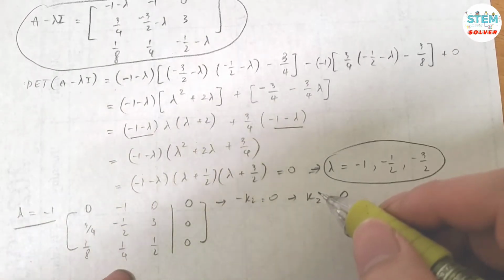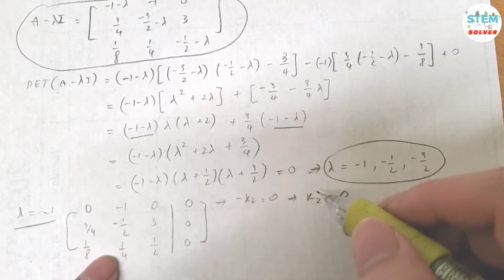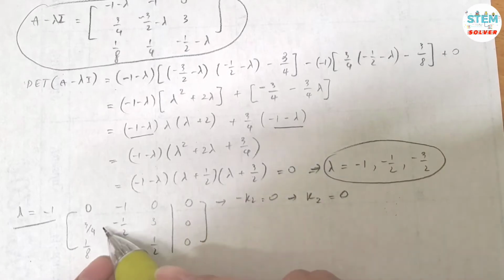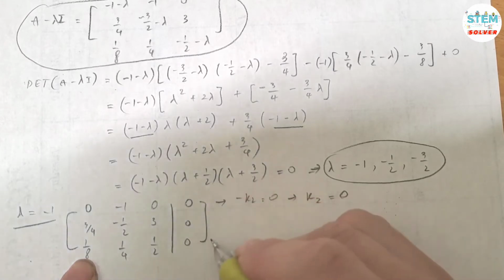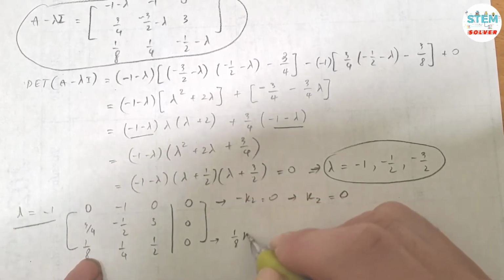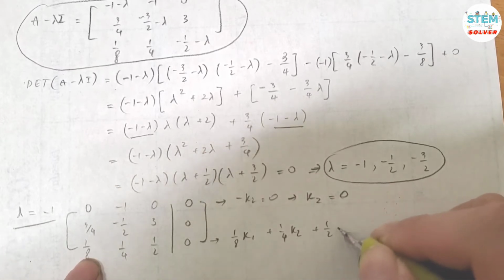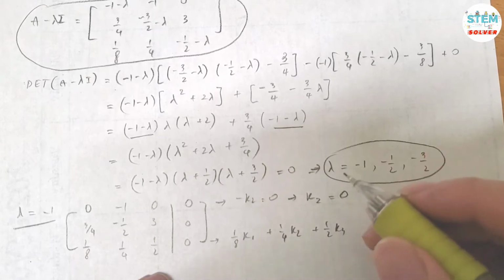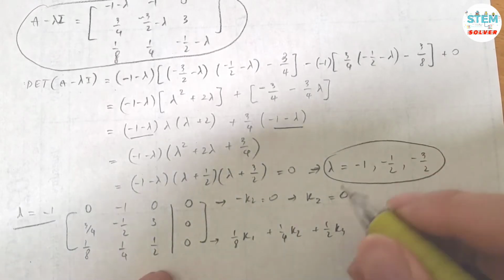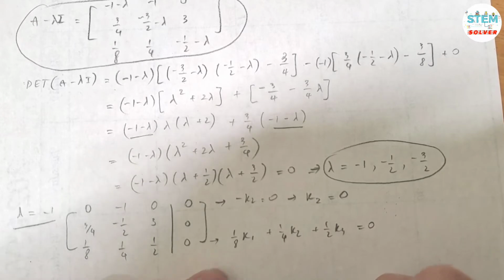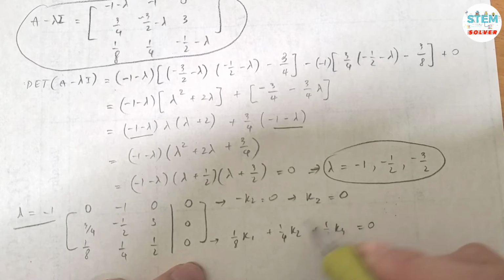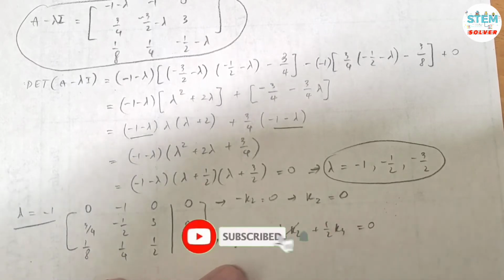Now, because I know that if I reduce this down to a base matrix I will get an infinite solution, let's use this equation. I have 1/8 k1 plus 1/4 k2 plus 1/2 k3 equals 0. Since k2 equals 0, just ignore that term.